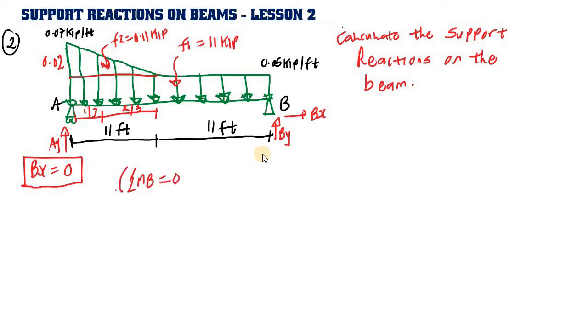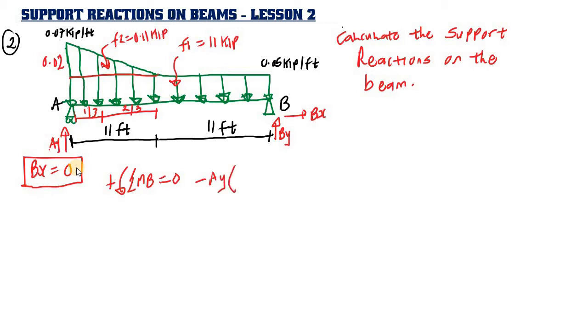We say the moment in the counterclockwise direction is positive, while the moment in the clockwise direction is negative. The first force is AY, and because AY is acting upward, it is going to try to rotate this beam in the clockwise direction. Because it is clockwise, we are going to have a negative value. So this is negative AY.